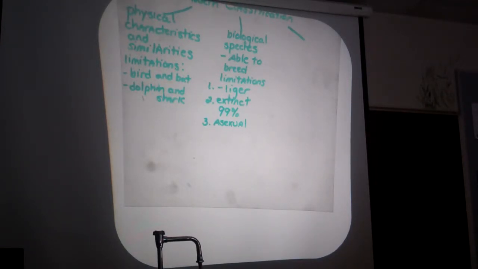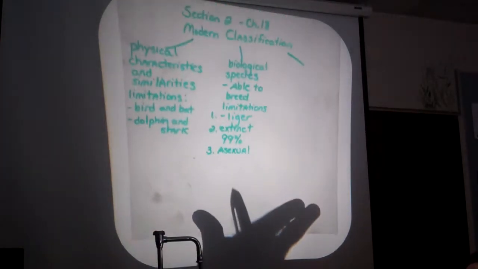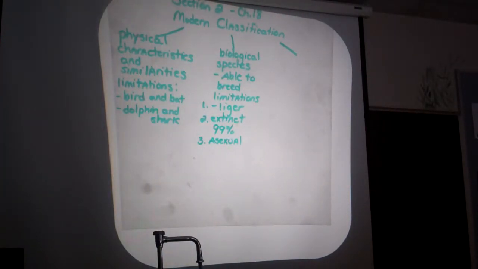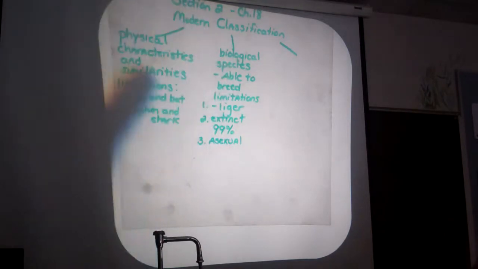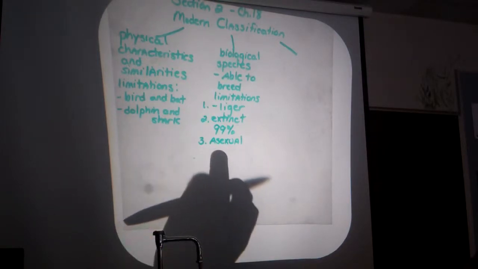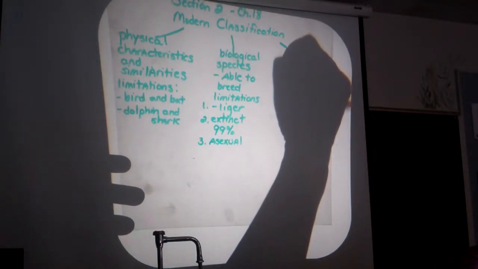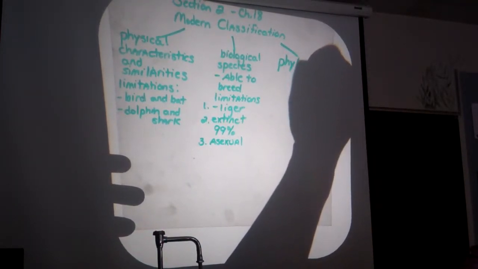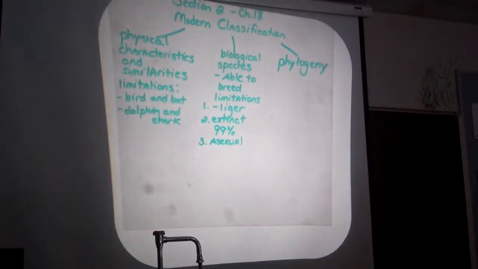All right. So that leads me to the third and final method of classification, and this is the one we use today. Today, we classify organisms not based solely on what they look like, not based solely on who they breed. It's another word, and it's a big word that you probably have never heard of before, but we need to talk about it.